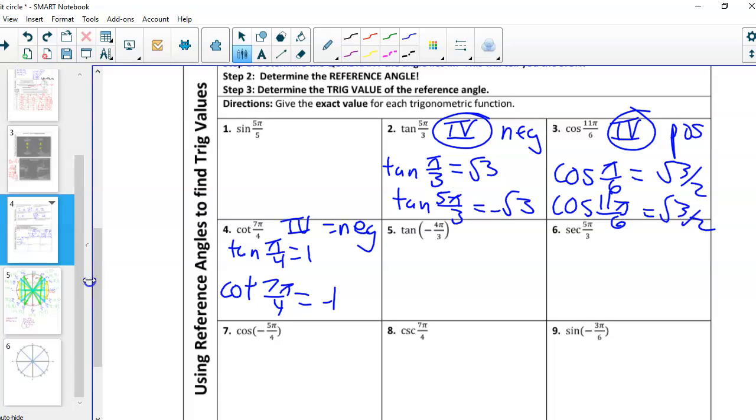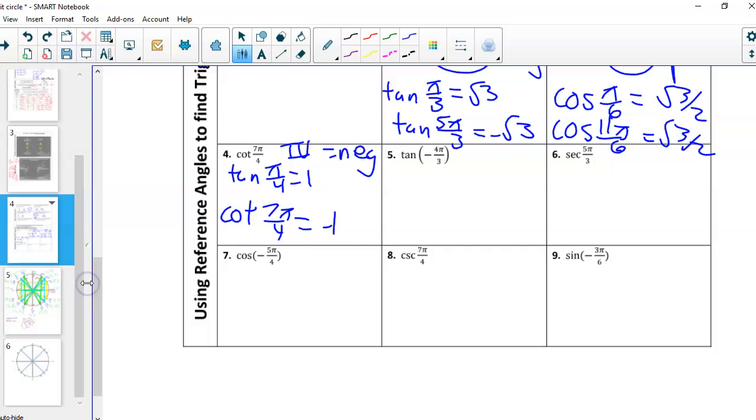This one's a good example, number 8. Again, we know that's in quadrant 4. Cosecant is negative there because sine is negative there. What's the sine of pi over 4? Square root of 2 over 2. Remember when we found that value from the triangle, it was originally 1 over the square root of 2, but we rationalized it.